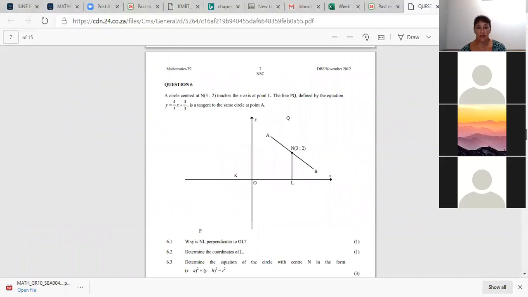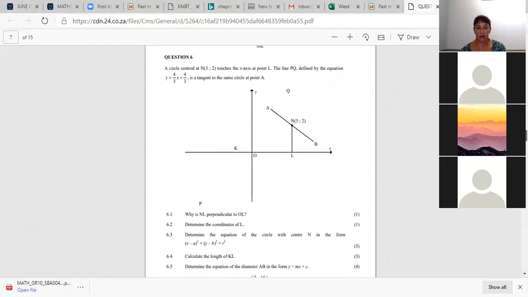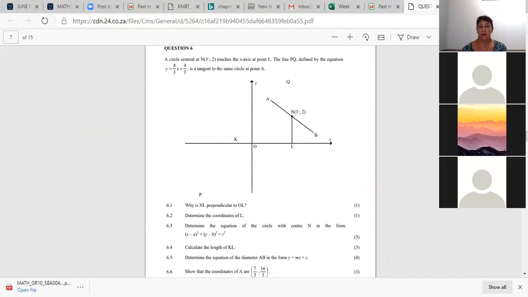All right, let's have a look at this next one. A circle centered at N(3,2), so that's the center of the circle, touches the x-axis at point L. The line PQ, where's P?